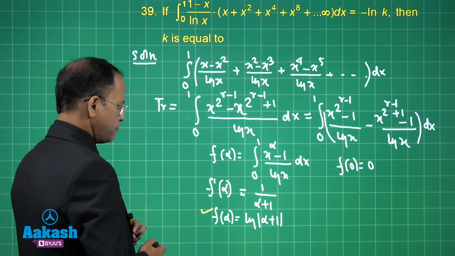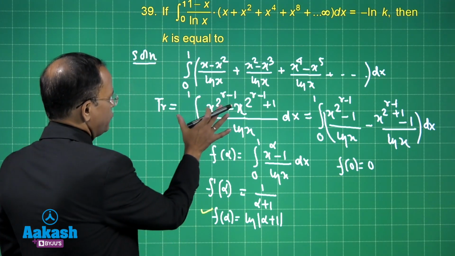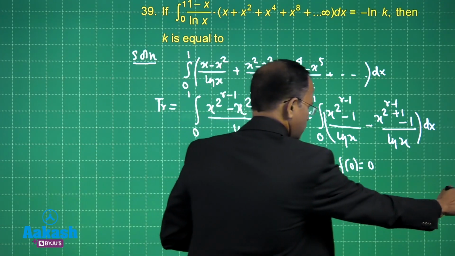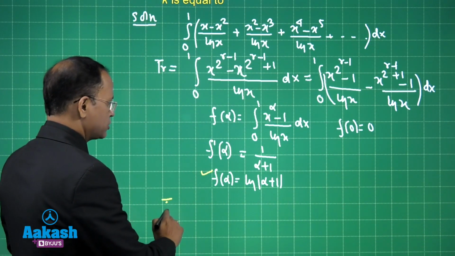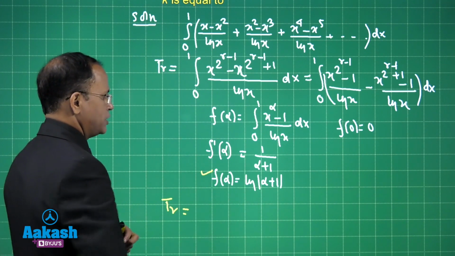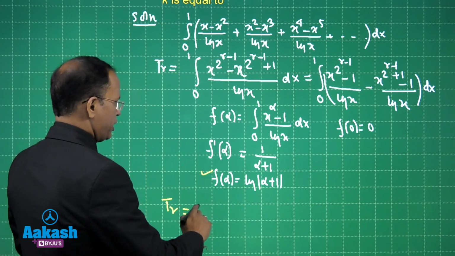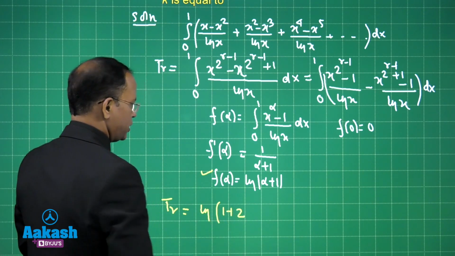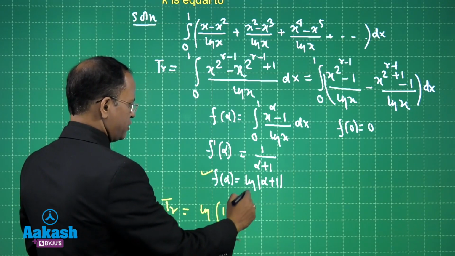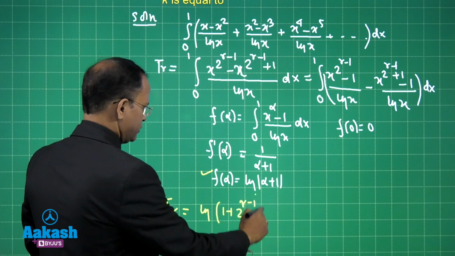So once we get this f of alpha to be this, that means we can convert this TR in log terms, right? So TR can be written as what? We have taken ln alpha plus 1, right? So that means we have TR to be ln 1 plus 2 raised to the power, because alpha is going to be r minus 1, right?